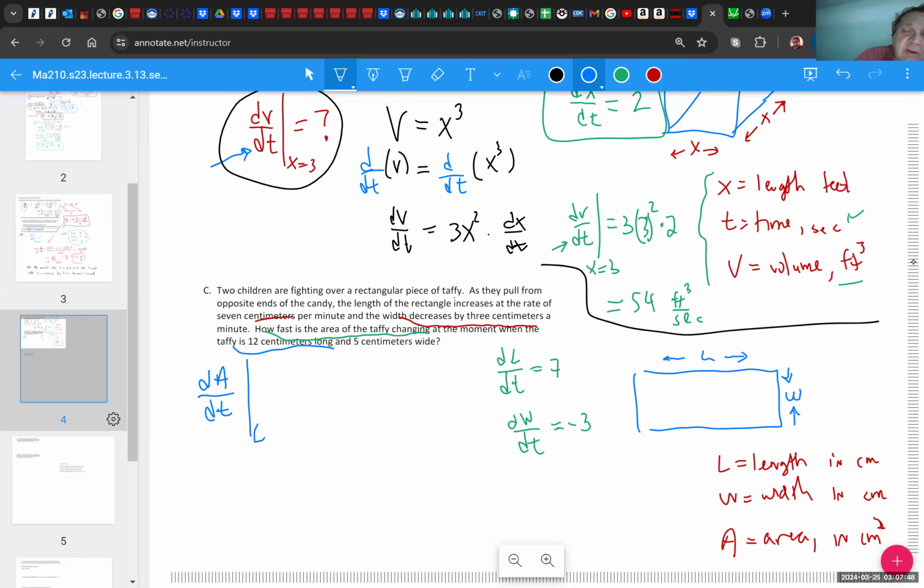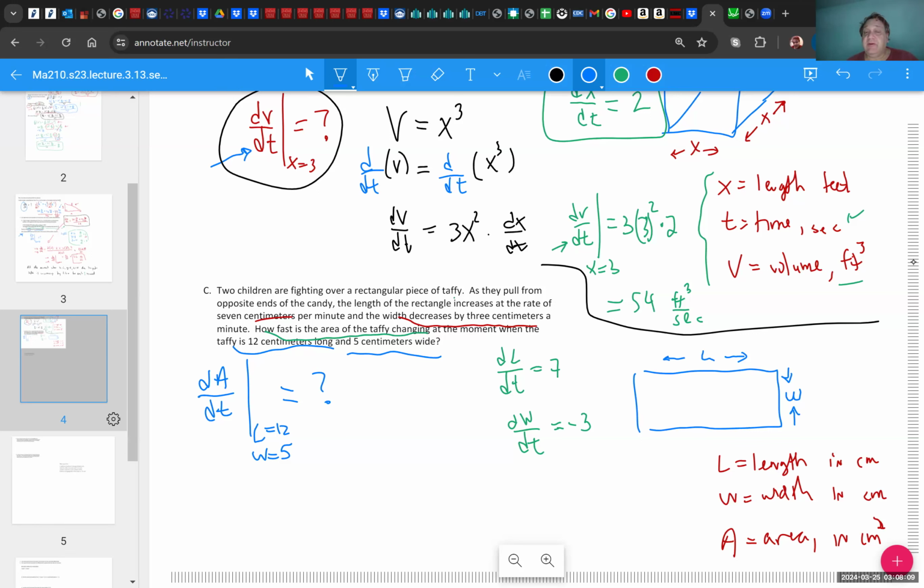So the length is 12 and 5 centimeters wide. So the width is 5. So we're looking for the change in A with respect to t at this moment that the L is 12 and the W is 5. Okay, well, I'll put a little equals question mark here just to remind me that's the question.